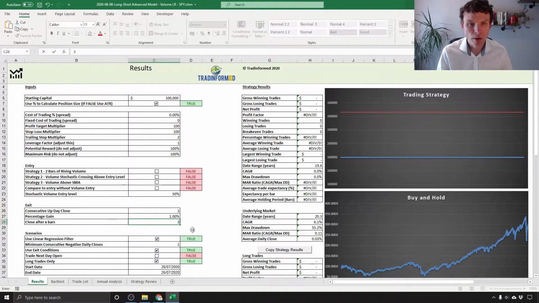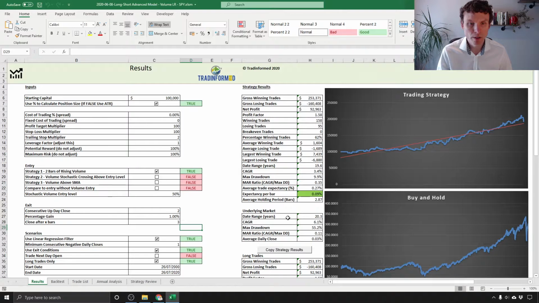So I looked at 3 bars. I'm keeping the linear regression filter on for the time being. As expected, we've got a higher net profit because trades have longer to go. Because we've identified bullish conditions, we would expect on average to have a slightly better chance of the market rising.